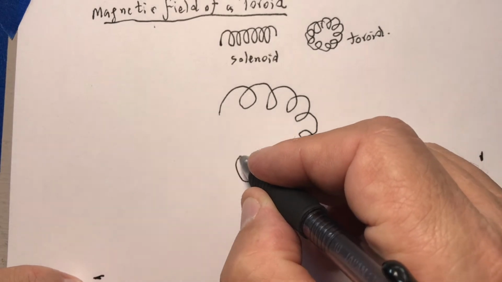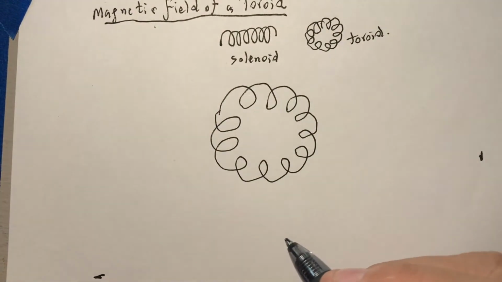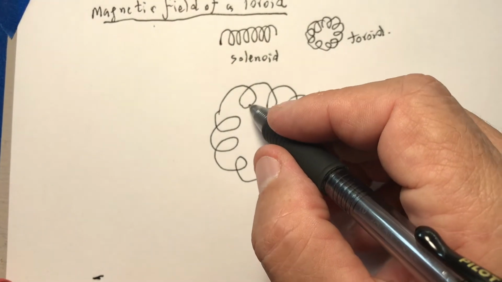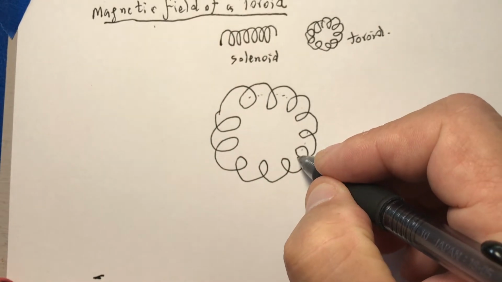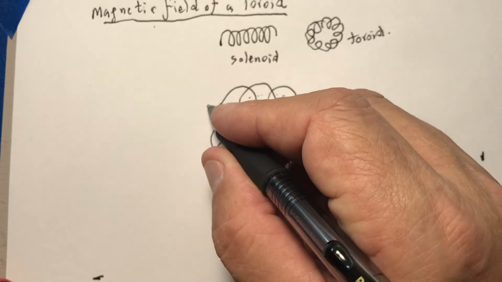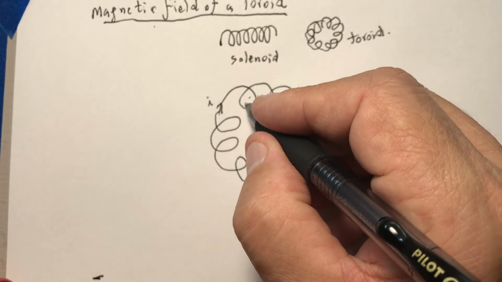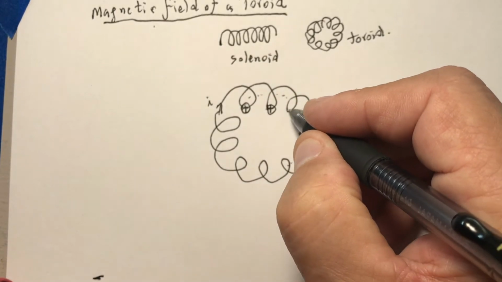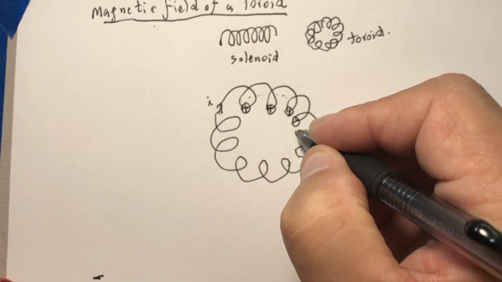So here is a toroid, like that. And you want to find the magnetic field inside the toroid, there. I want to find the magnetic field there. So we have a current. Here is the current I. The current is going in here, there, going into the page.